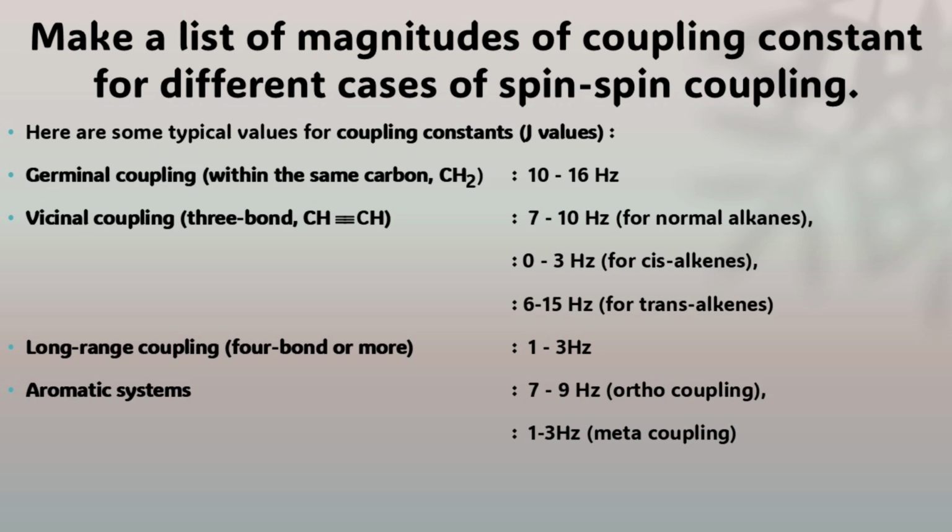Vicinal coupling, 3-bond, CH-CH, 7 to 10 Hz for normal alkanes, 0 to 3 Hz for cis alkenes, 6 to 15 Hz for trans alkenes. Long-range coupling, 4-bond or more, 1 to 3 Hz. Aromatic systems, 7 to 9 Hz, ortho coupling, 1 to 3 Hz, meta coupling.